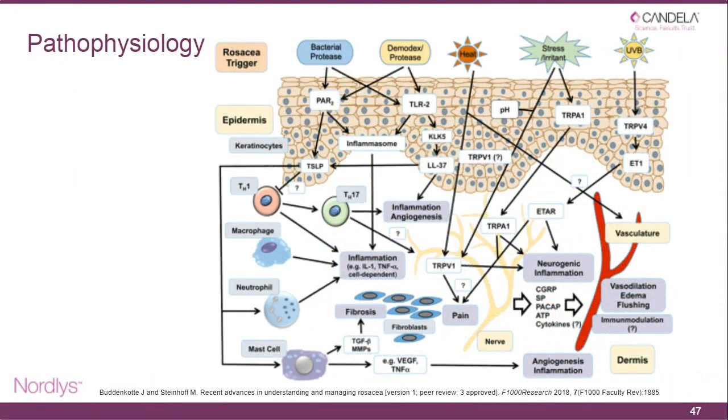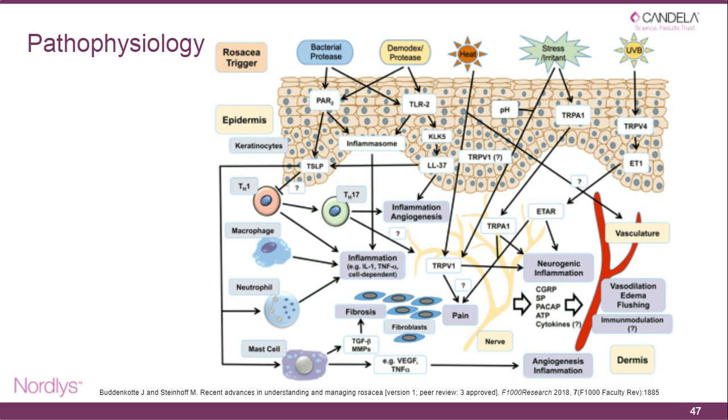And about the pathophysiology, in 20 minutes we cannot cover all of it. We would need 20 days. But the first idea that I want you to keep is that it is multifactorial, multi-pathway, and multicellular.